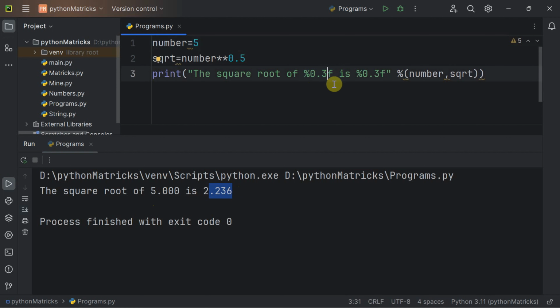This is the output, and the reason why we use 3f is for displaying 3 decimal numbers. You can use 0 too. You will see when you use 0, this number is going to be 2.